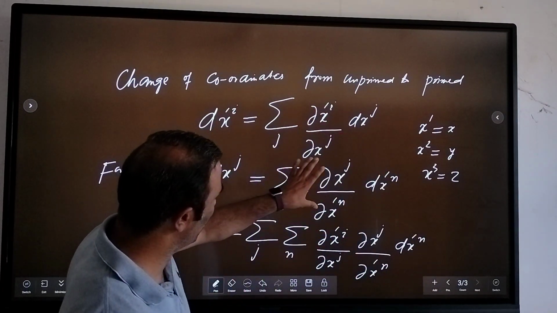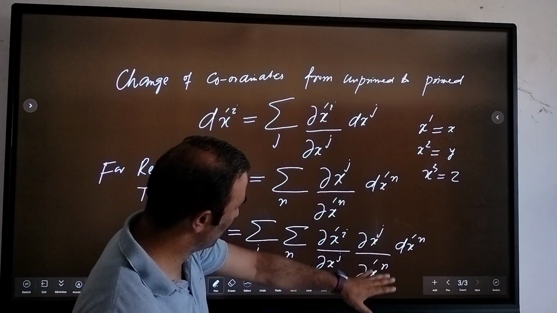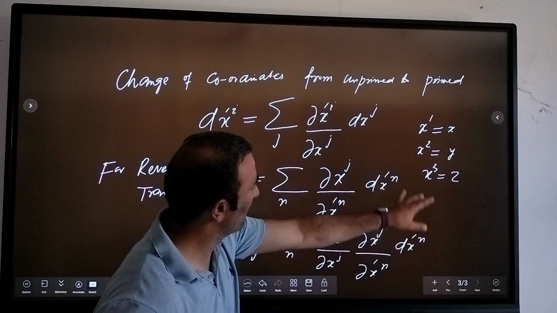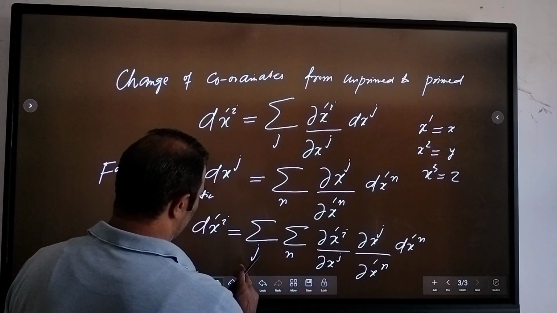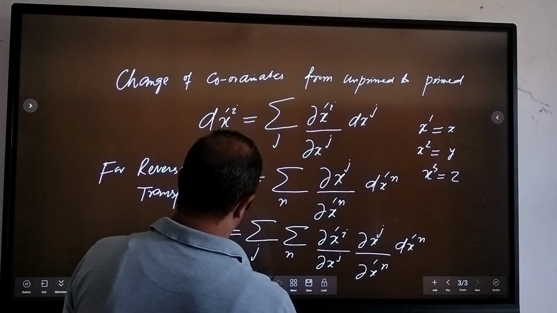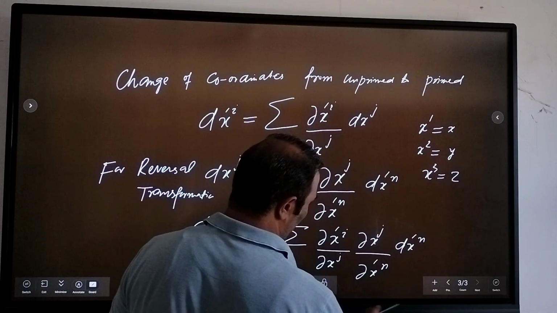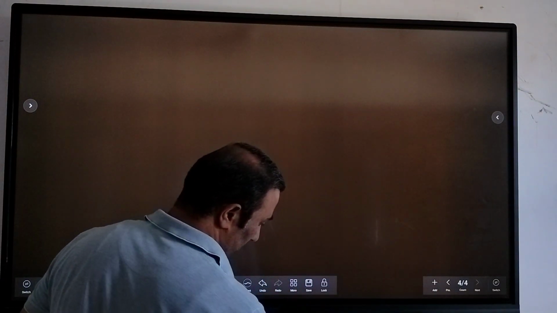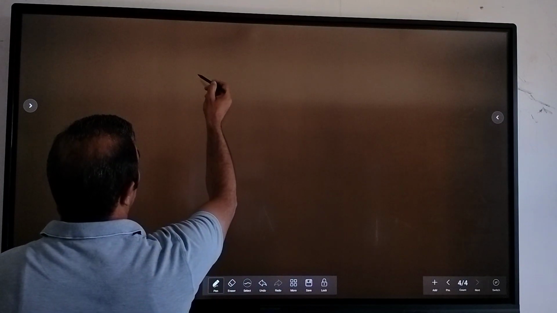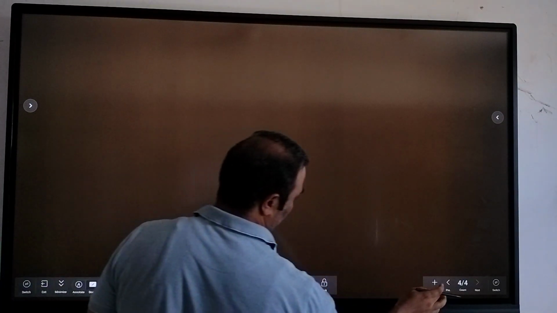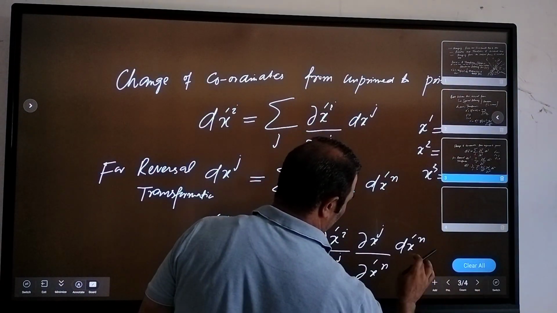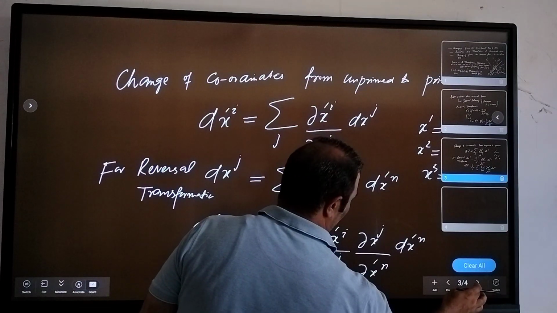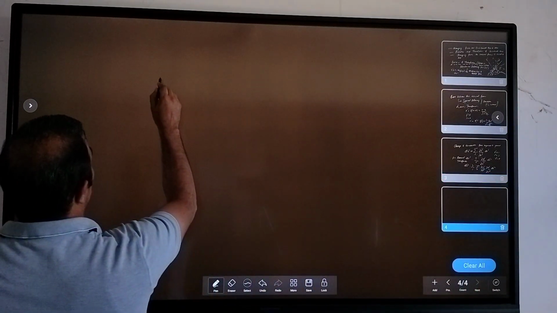Instead of that dx_j, I used this one, so that's partial x_j by partial x prime n and dx prime n. Okay. So if I rewrite this term, this is dx prime i equal to dx prime n, or you can write this as dx prime i.